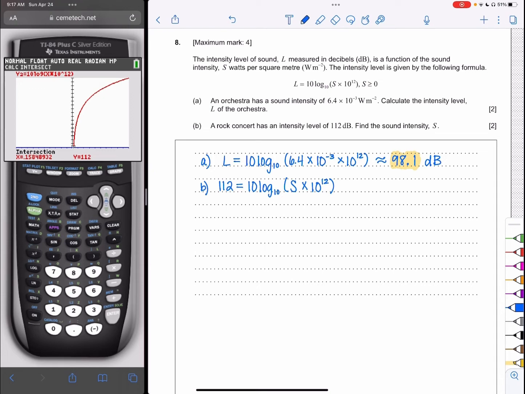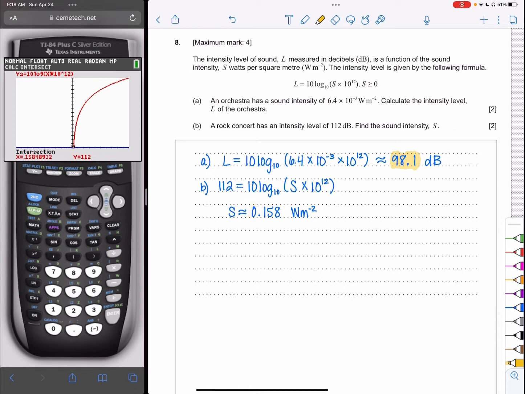Remember, we're looking at X because S in the original equation was X in Y equals. So here we have that S is approximately 0.158, and that is the sound intensity. And of course, it's going to be measured in watts per meter squared. Okay, so that is my answer here.